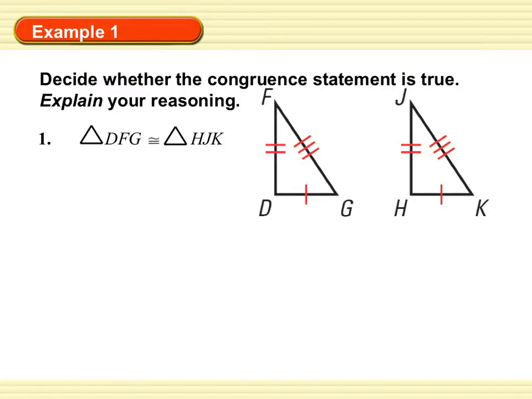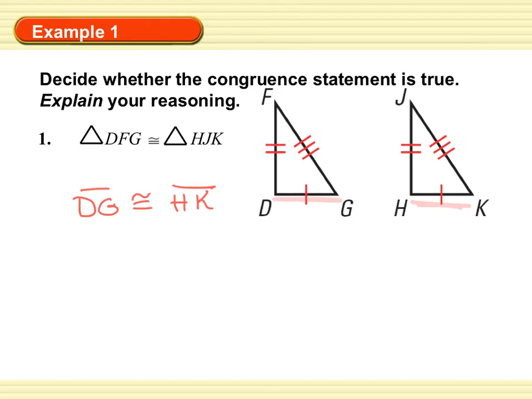Let's try an application. We need to decide if the statement that they gave us, that triangle DFG is congruent to HJK, is true or false. So I'm going to go back through and make sure everything matches in the correct order. Notice over here I have my single tick mark, or single congruency mark. So I could state that DG is congruent to HK.